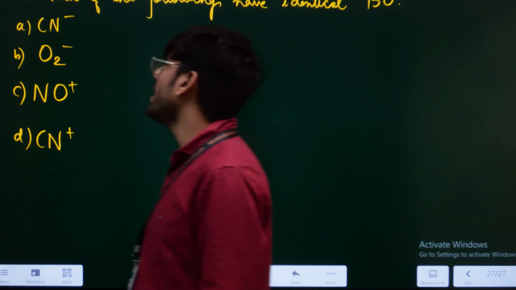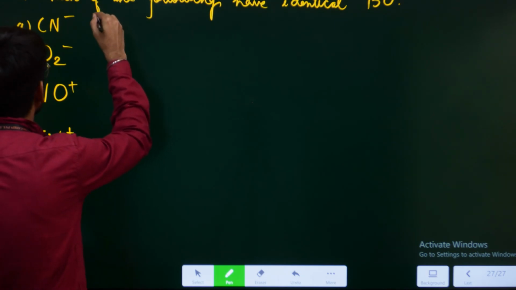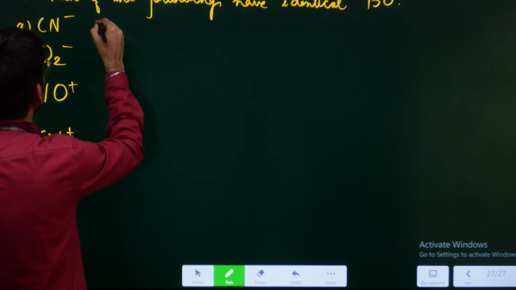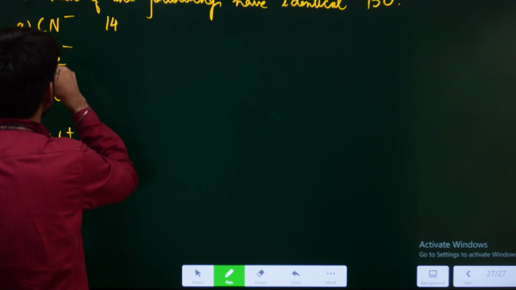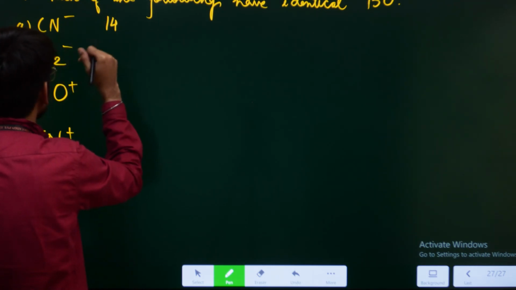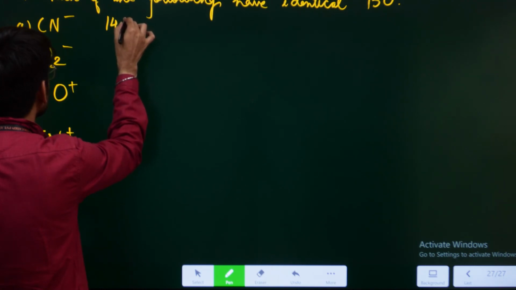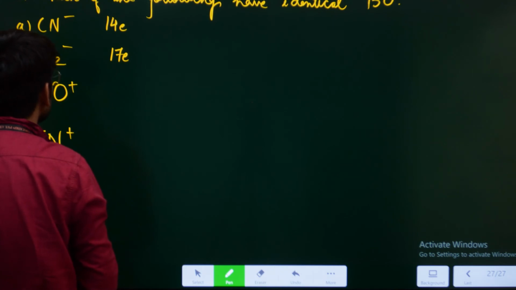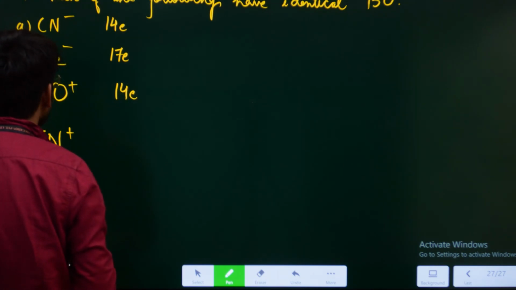Acha, how many electrons are there in CN negative? Tell me. 14. And O2 negative? 17. NO plus? 14. CN plus?